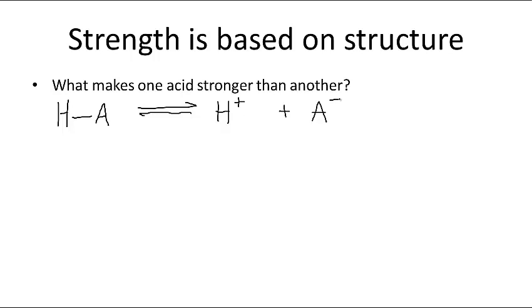All right. So if A minus is more stable, that will mean the acid will be stronger. A minus has a negative charge, so anything that's going to stabilize that negative charge is going to make the acid stronger.